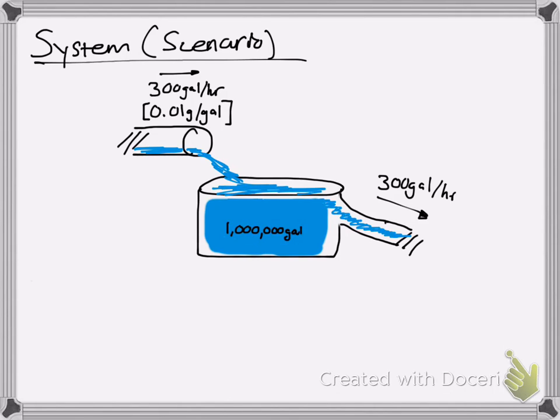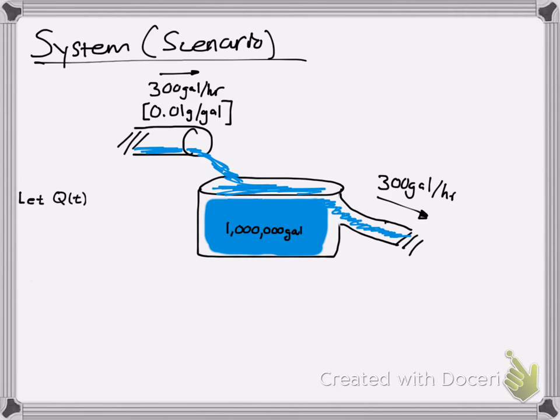So what happens is a chemical, say some toxin or something, is polluting this 1,000-gallon tank, and then everything is mixed evenly, and then 300 gallons comes out per hour from the tank here.